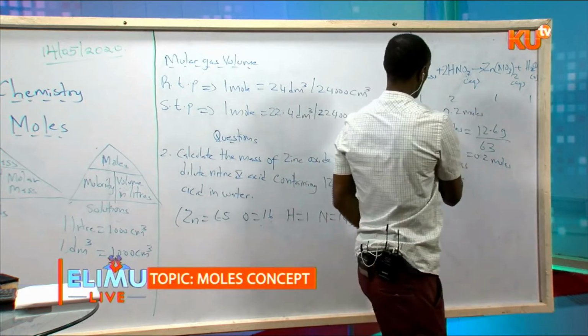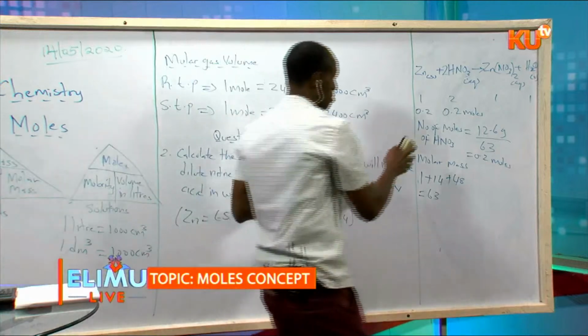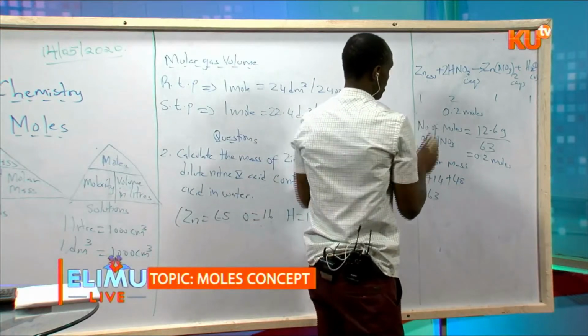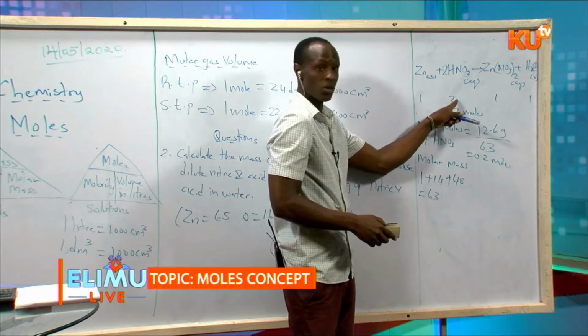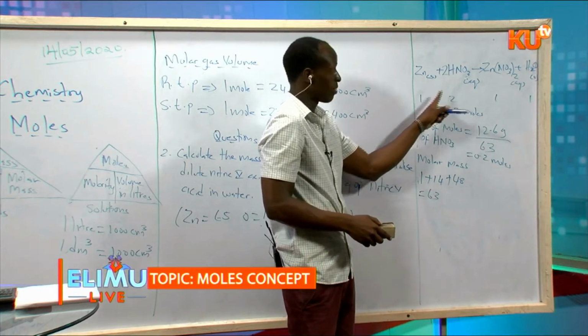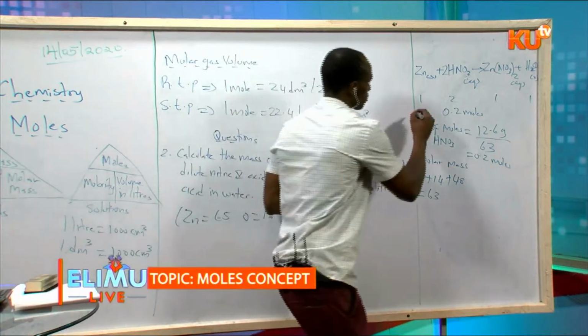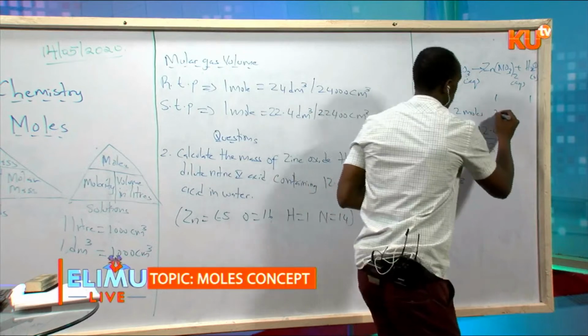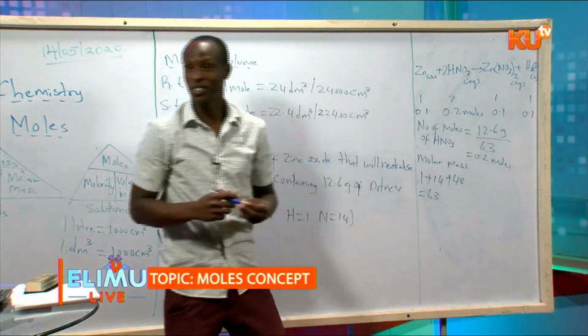Sorry, 0.1. The ratio is 1 is to 2, so you have to double this number to get this, or divide this number by 2 to get this. So here it's 0.1, and here 0.1, here 0.1. So you have the number of moles.